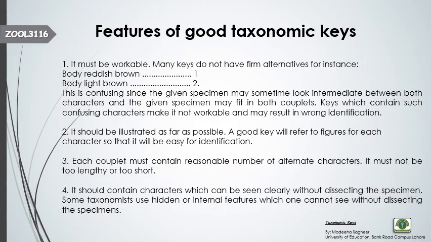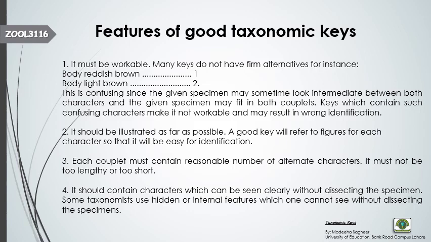Okay, now the features of good taxonomic keys. What kind of features should our taxonomic keys have so that they are more useful for us? First of all, the choices given should be very clear and should not be very rigid. Why? Suppose one choice is body is reddish brown, and the other is body is light brown.